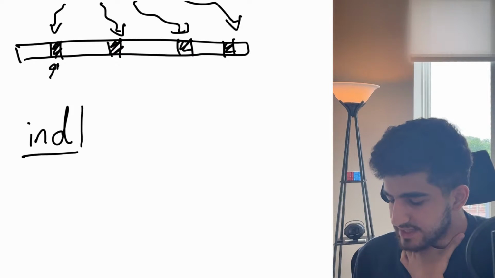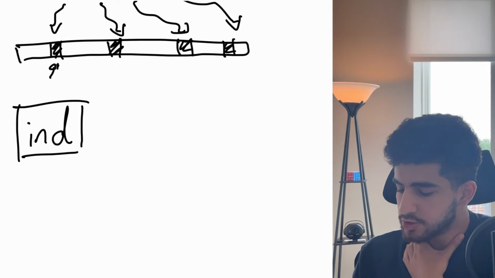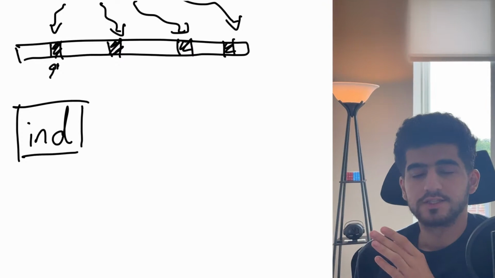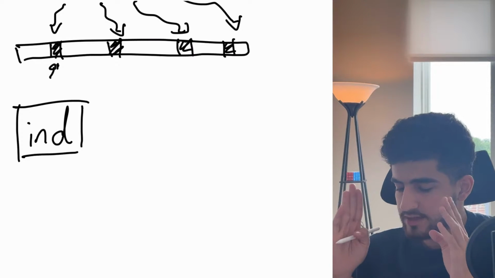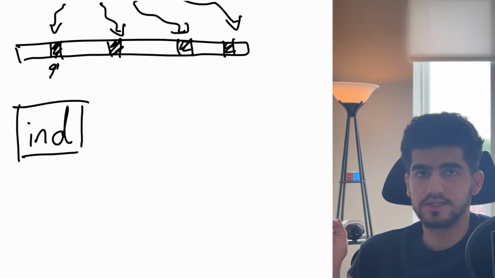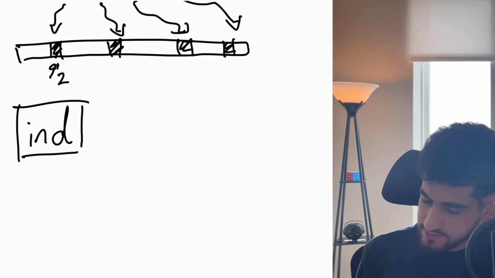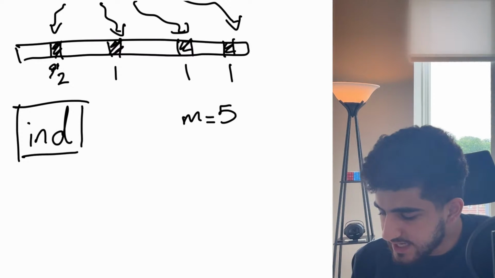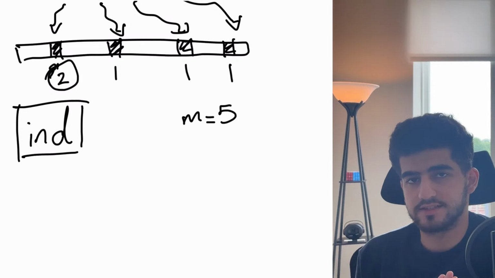Instead of just sorting them by their indices, I first try to find out how many times each index has appeared in the list. For example, this one has appeared twice, this one once, this one once, this one once. M is equal to 5, for example. Well, I want the second time that it appears to have the worst character.